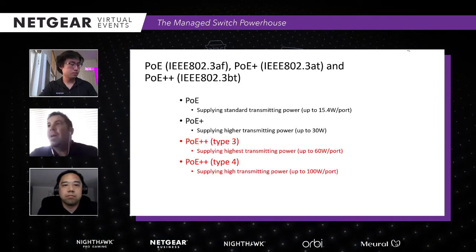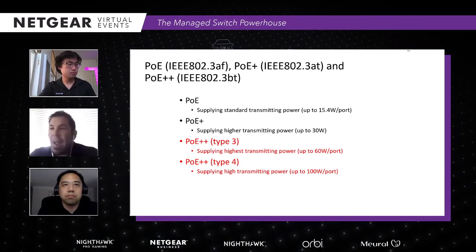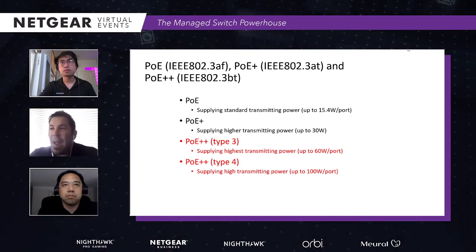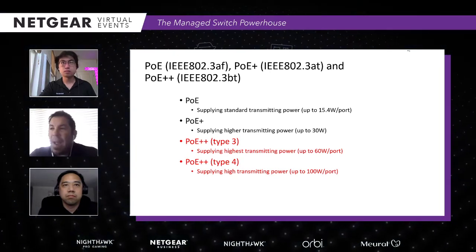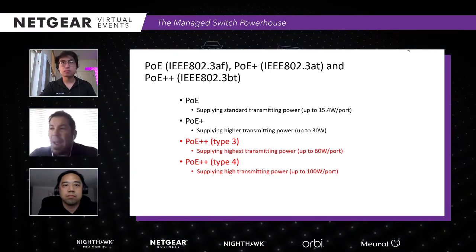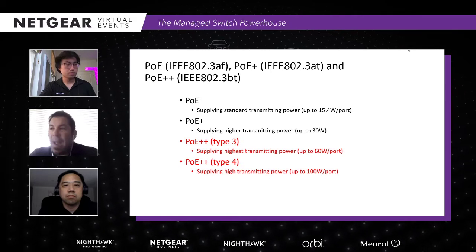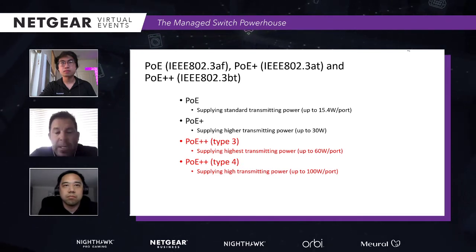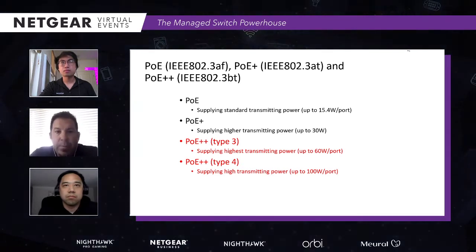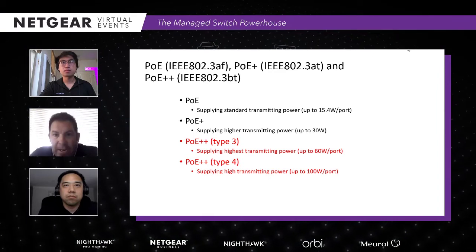So it's important that everybody abides by these open standards so that, if somebody has a ShoreTel phone, as long as it's 802.3 AF compliant, and as long as the NETGEAR switch is 802.3 AF compliant, the two can interact together and work together. But anyways, the original standard was 802.3 AF that goes up to about 15 watts on any given port.